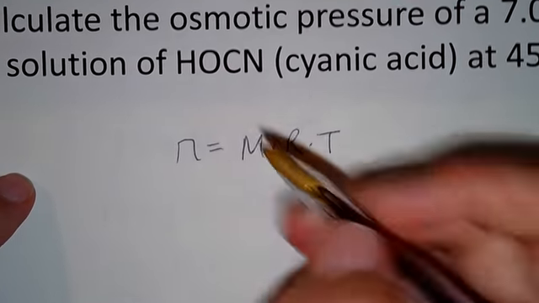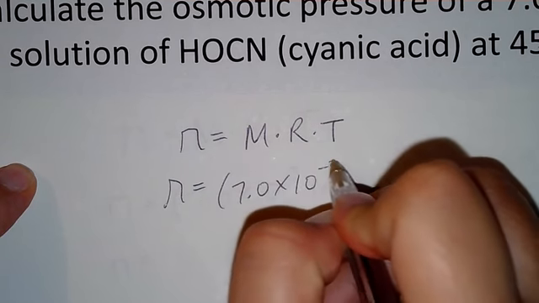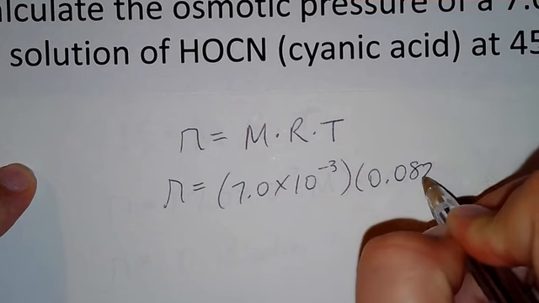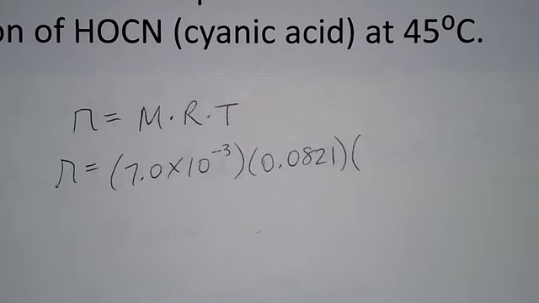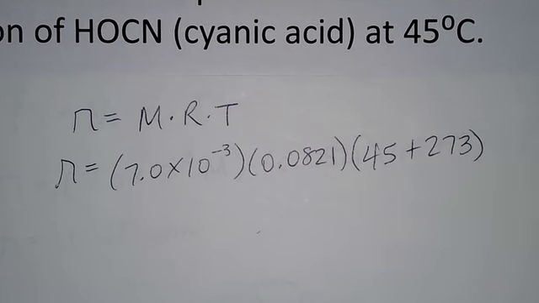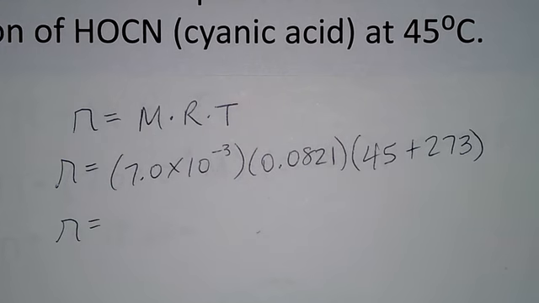So we have the molarity, we have the R value, and we can convert our temperature from Celsius into Kelvin by adding 273. So then we just have to multiply our numbers across to get our new value.